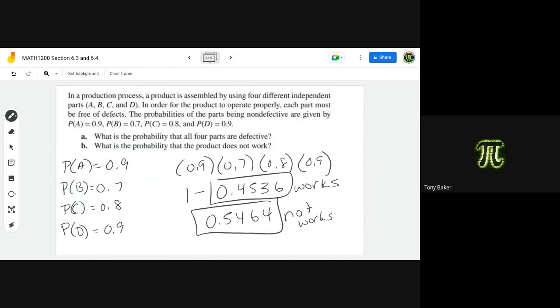It's easier to find what works and then just subtract it from 1. So yeah, this production process has almost a 55% failure rate. Dang. This is one of those word problems that's not realistic, but that's what happens sometimes when you make up numbers with math problems.